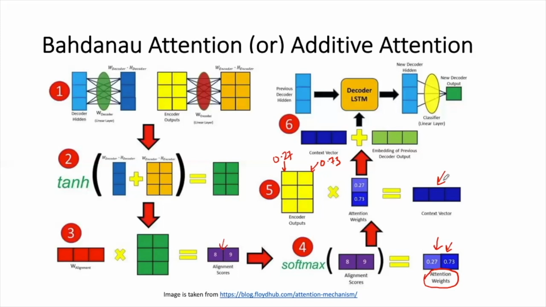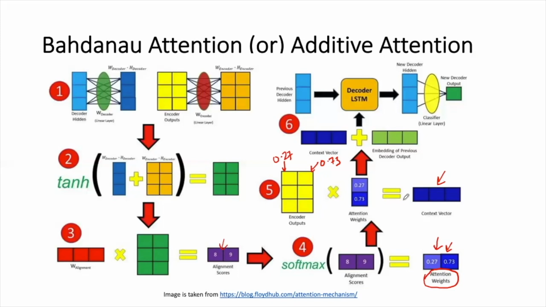And how exactly is the linear combination done? That is done with the help of these attention weights. The attention weights are multiplied with the encoder outputs, and then the linear addition is done. That is how the context vector is generated. So this is one way of generating the context vector.